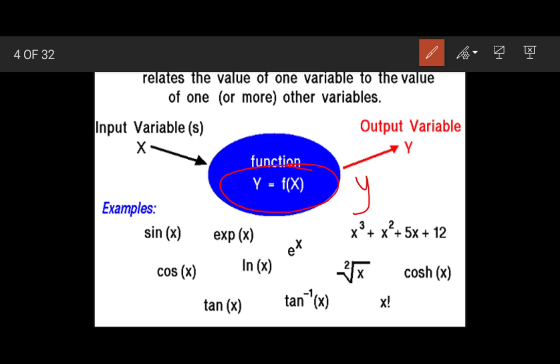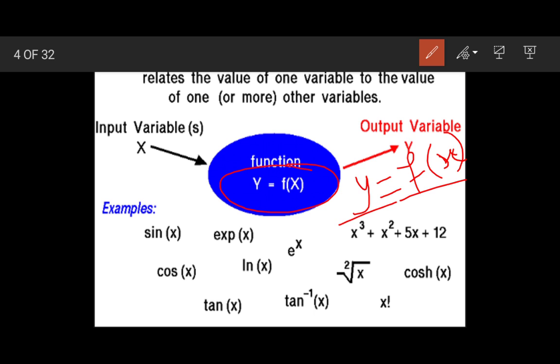Y means we are going to define y on the basis of x, because y is a dependent variable, x is an independent variable. So y is equal to f of x, right? Function of x. So either function is denoted by y or denoted by f of x.